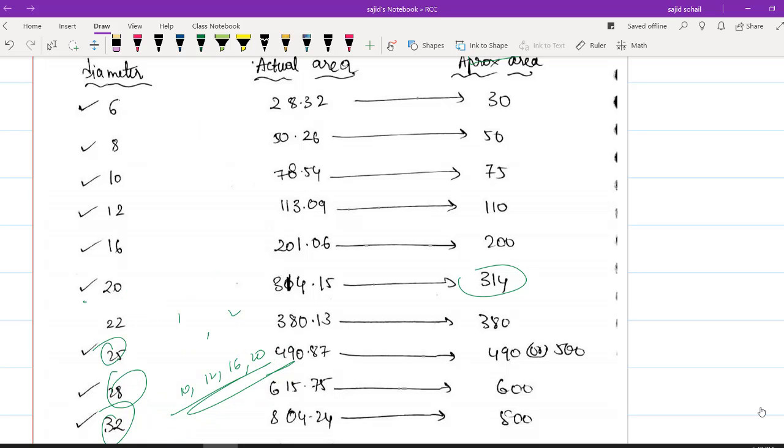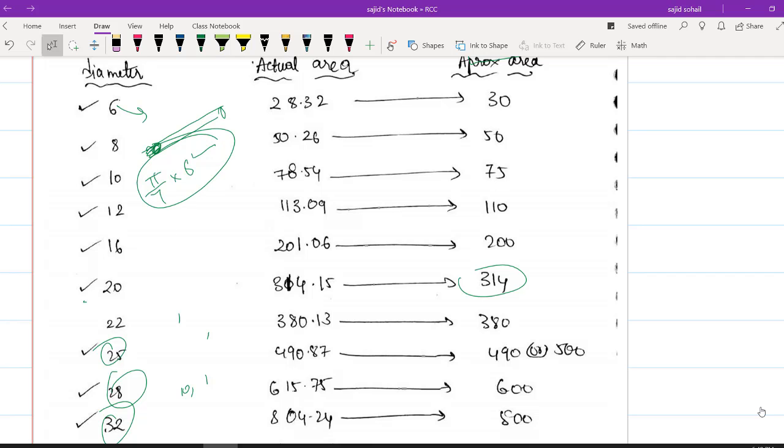And अगर आपको याद रखना है, see sometimes what happens is, how to find area of the 6 diameter bar. ये जो 6 diameter का bar है, area of cross section इसका कितना है? That will be pi by 4 into d square, pi by 4 into 6 square. So it might be difficult for you to calculate every time in examinations, especially like ESE, where time plays a very crucial role and you don't have calculator.